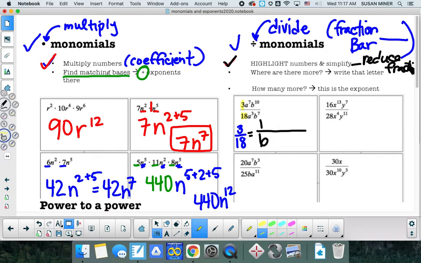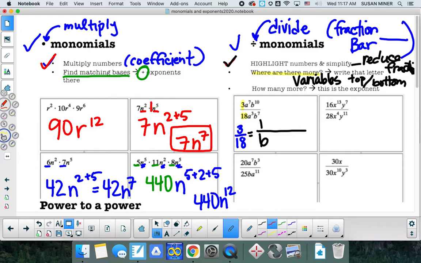Then it says, where are there more variables? Right? In the top or bottom? I'm going to write my letter wherever there were more variables to start with.